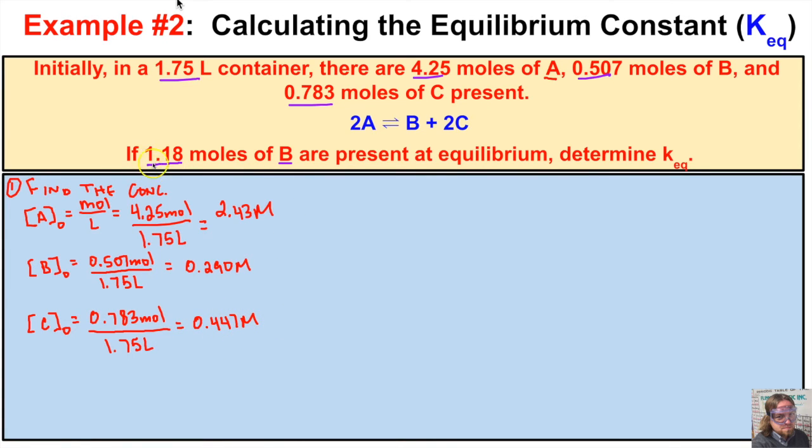Let's take a look right here. It says if we have 1.18 moles of B present at equilibrium, so it's telling us that the equilibrium concentration of B is going to be equal to 1.18 moles divided by the volume of our container, which does not change, 1.75.